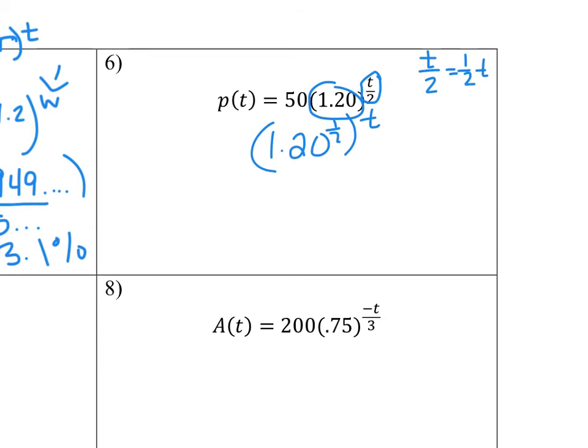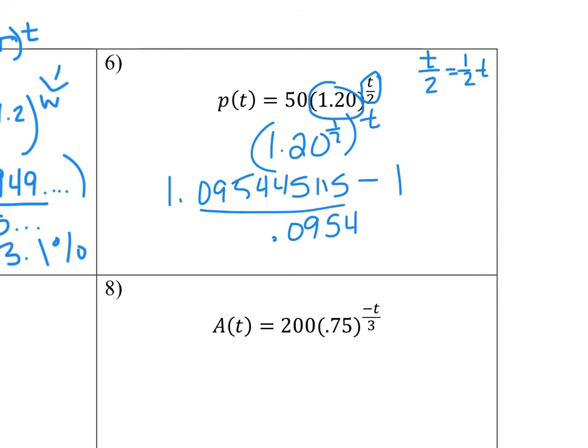Okay, when I do that, I get 1.095. Okay, that's what the calculator tells me. I have to take that and subtract my 1. Okay, when I do that, I get 0.0954. It's just basically this.